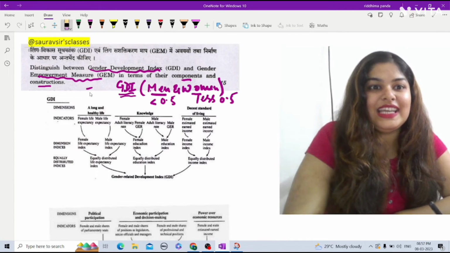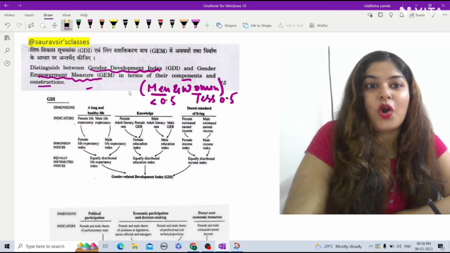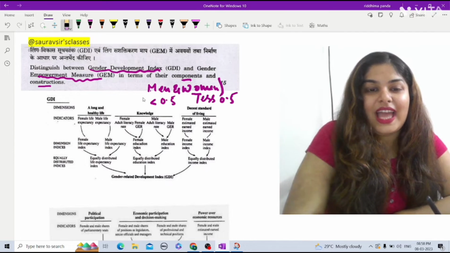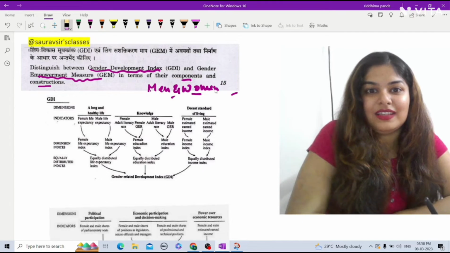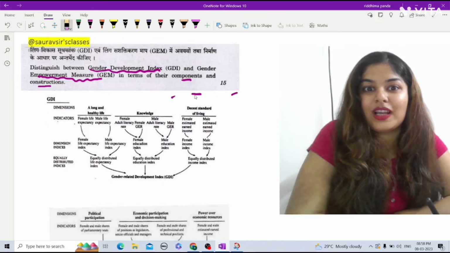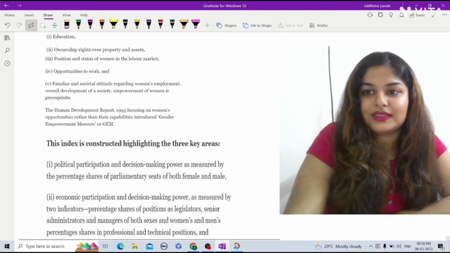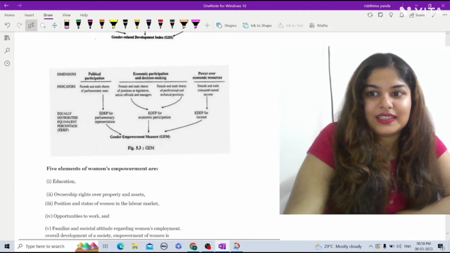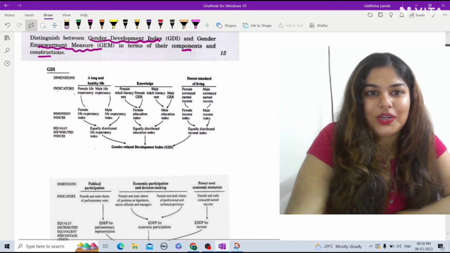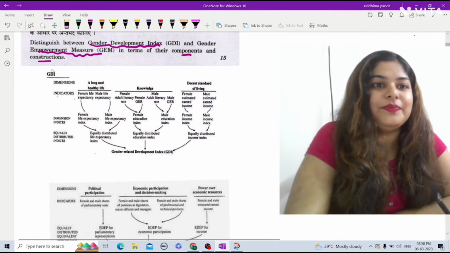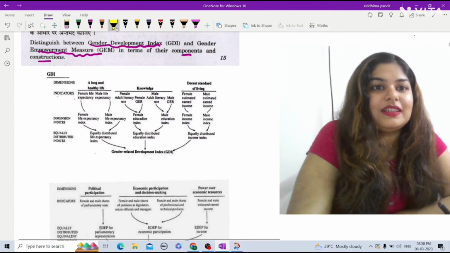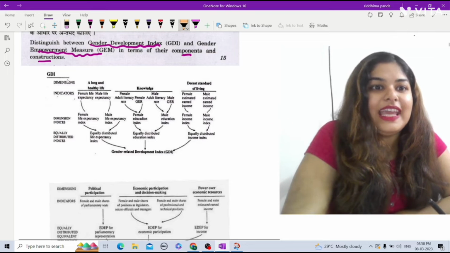Now let's see in detail what the components of GDI are and what dimensions are taken to measure this particular index. In front of you is a flow chart about the index, showing the parameters and dimensions.